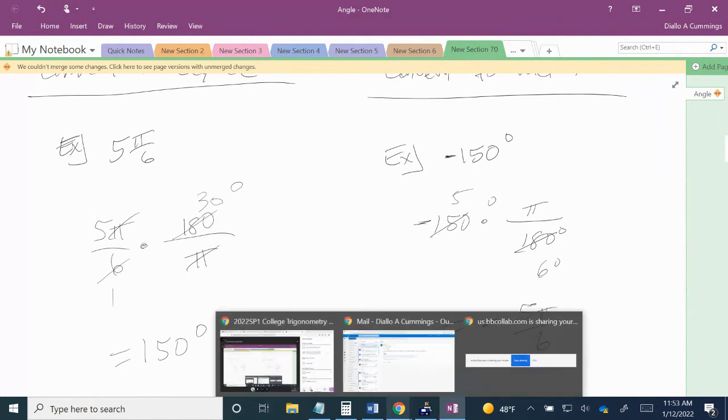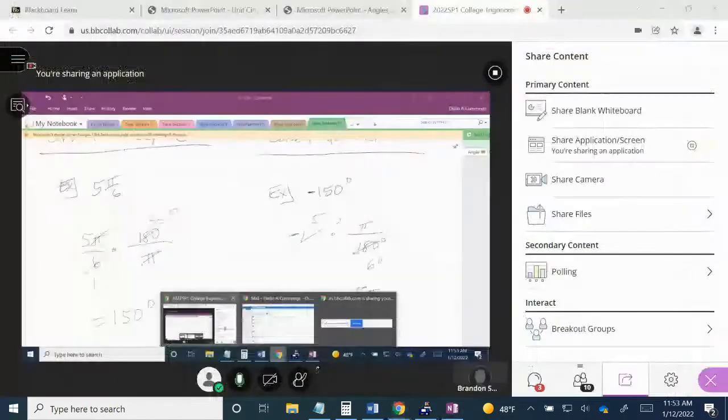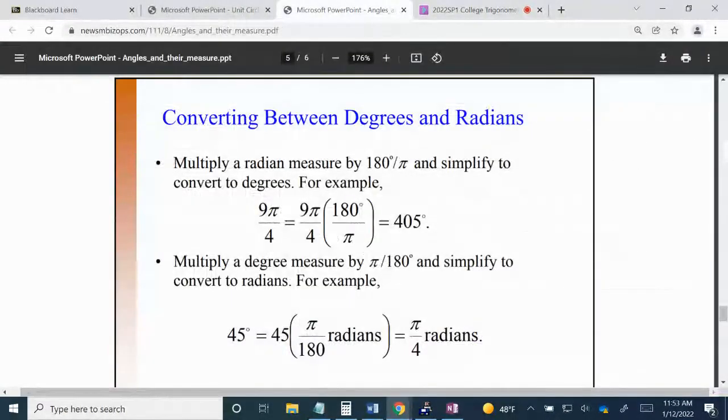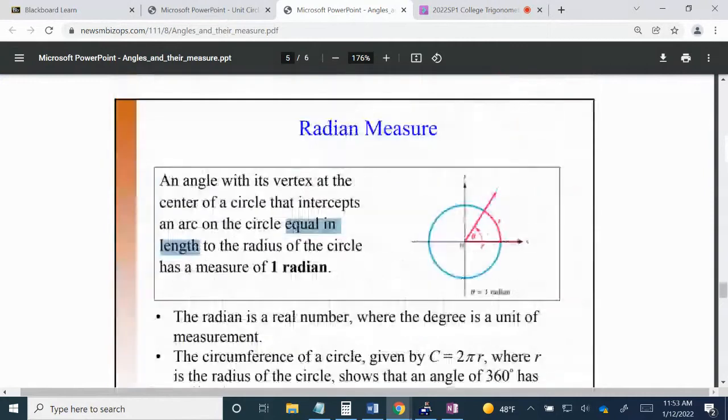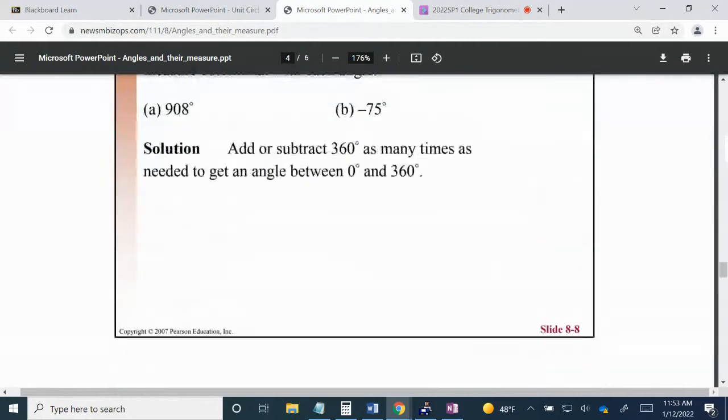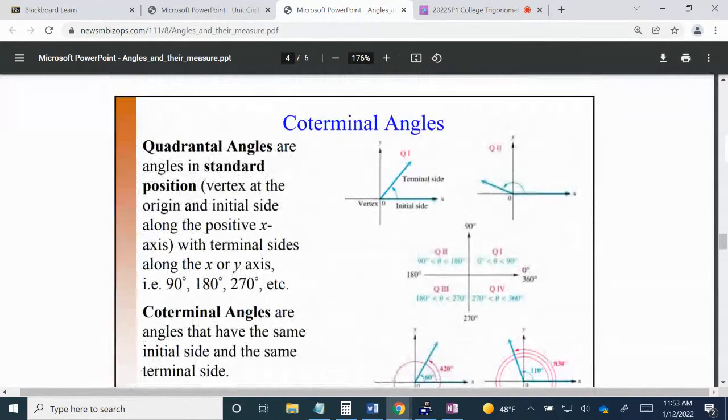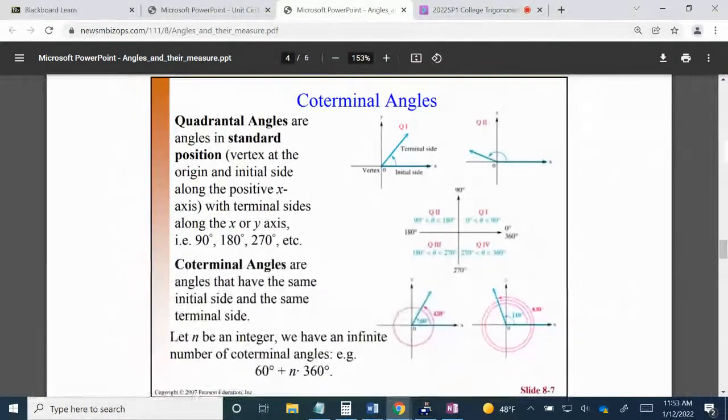All right, I'm going to go back to the lecture notes, and I'm actually going to backtrack. We're going to talk about coterminal angles. On the slide, it starts off with what are called quadrantal angles. Quadrantal angles are angles that are not in quadrants, they're between quadrants.